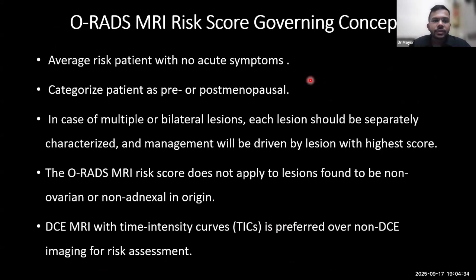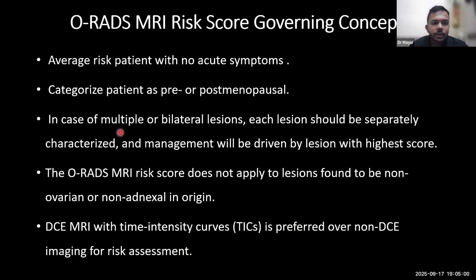The basic concepts to be followed while using the MR risk score. Only average risk patients are taken into consideration. That means patients with high risk factors, for example a personal or family history of breast or ovarian cancer, are not taken into account. There should be no acute symptoms present at the time of diagnosis. We have to categorize the patient into pre- and post-menopausal.